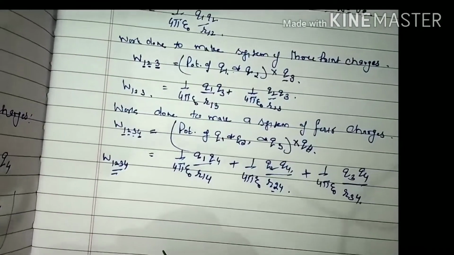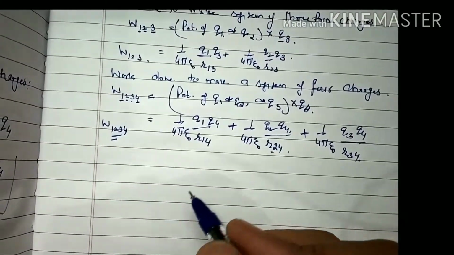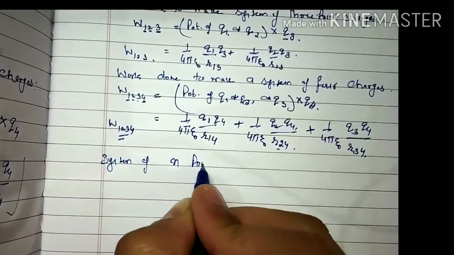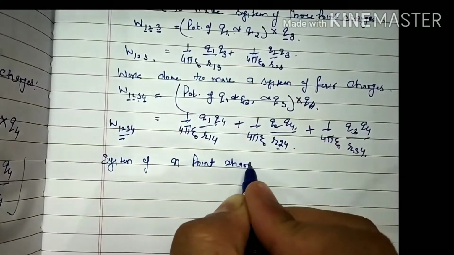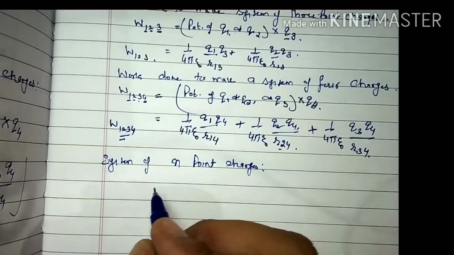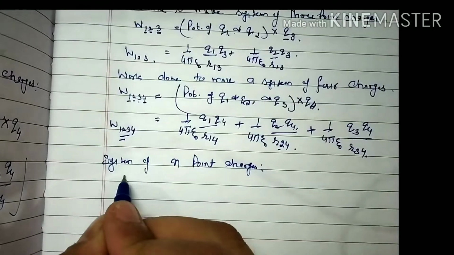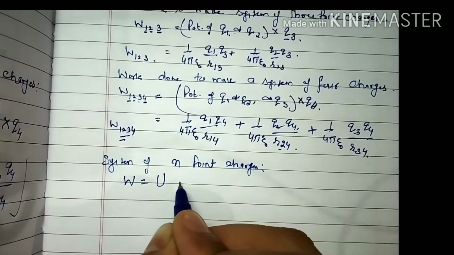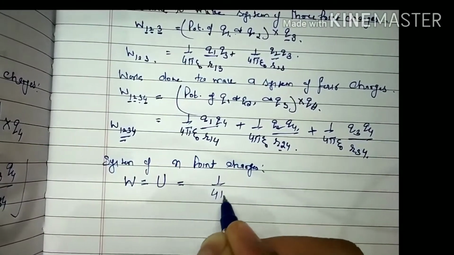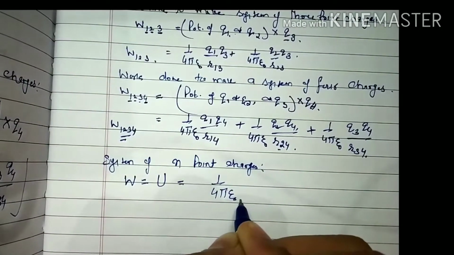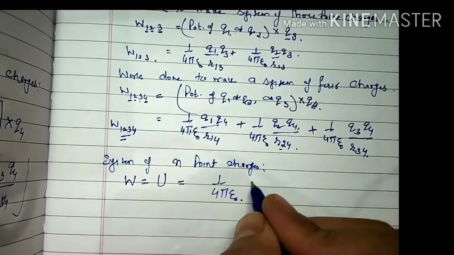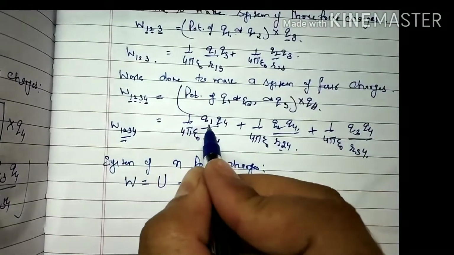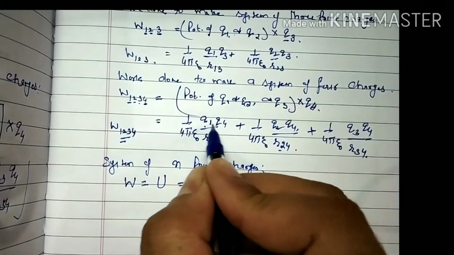In this way we can proceed to n number of charges. Suppose we want to make a system of n point charges. The total work done, which we write as U because work done is stored in the form of potential energy, is 1 upon 4 pi epsilon, which is common in all the terms, and here we write a summation, because we have the product of two charges.